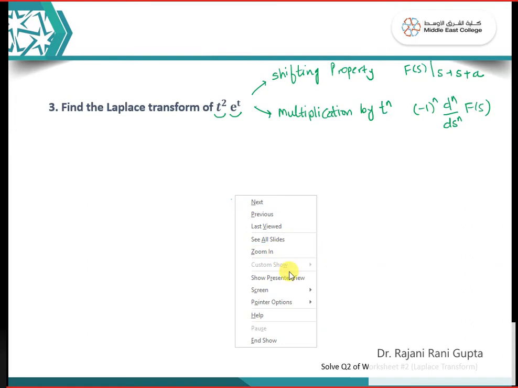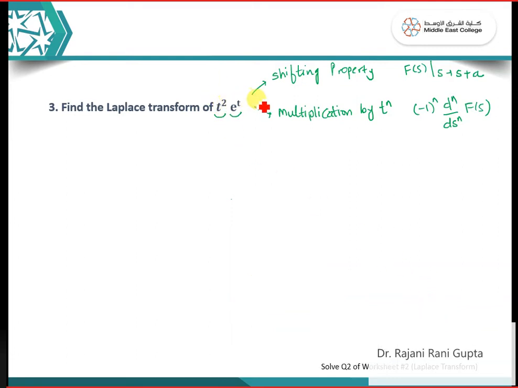Okay, so now here you have to be clever to save your time. If you are using shifting property, what will happen here? Laplace transform of t square e power t. This term you are using to get F(s), which is 2 factorial over s power 3.